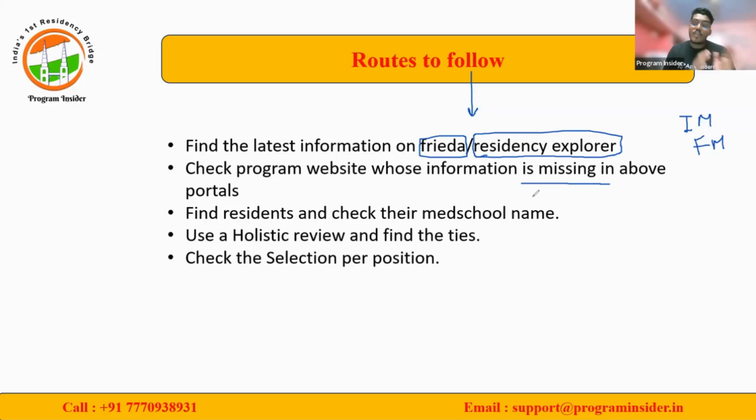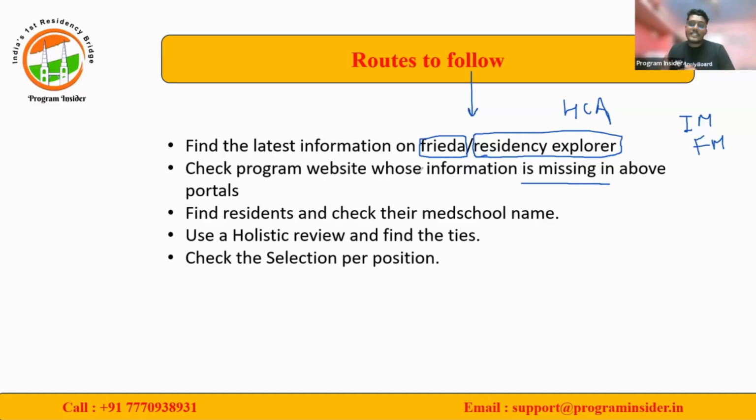They might be old programs, they might be new programs, or programs that have not informed anything about their entire categorization. Starting with HCA: for most HCA campuses you will not be able to find realistic and detailed information because they have not updated it, not on FREIDA, not on Residency Explorer, and not even on their own website.